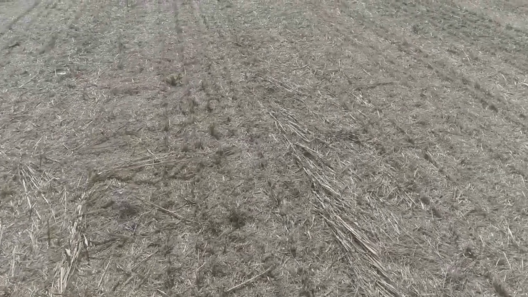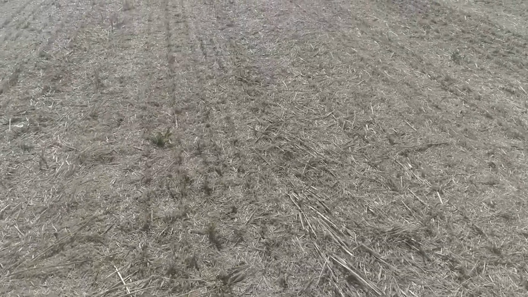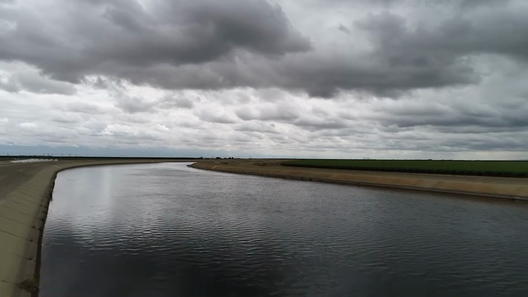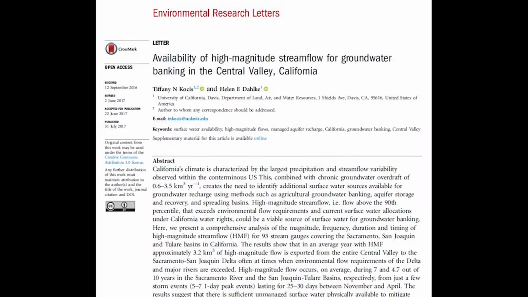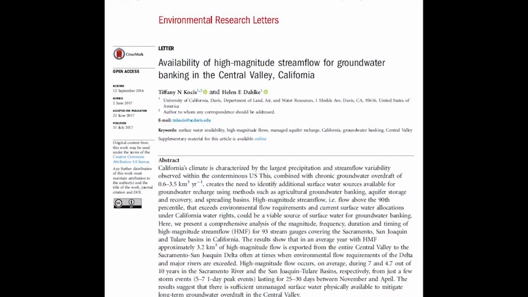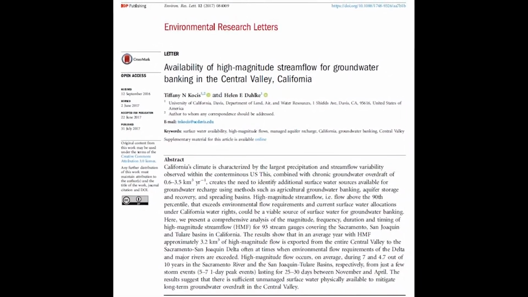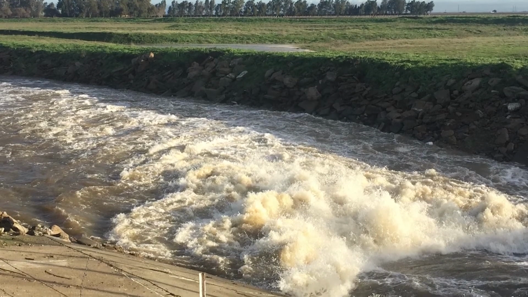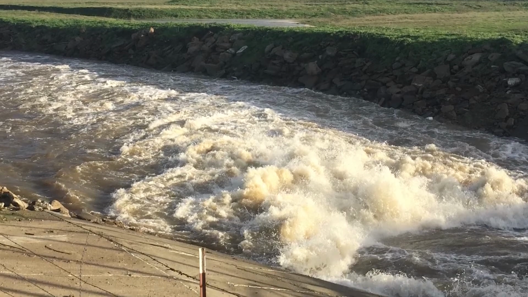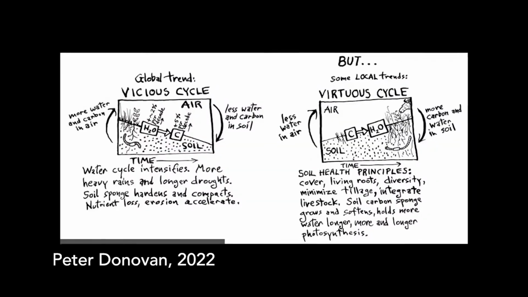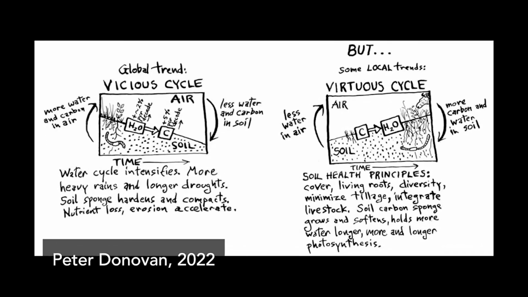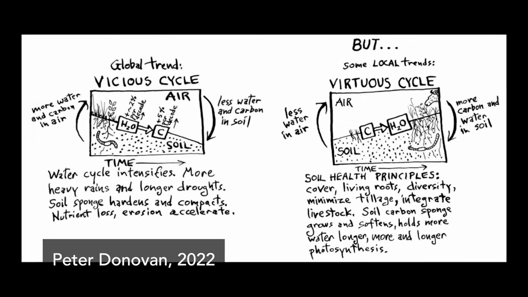In California's Central Valley, severe water shortages, large weather variability, and extreme weather events threaten agricultural production. Recent projections of UC Davis researchers, however, show potential to reduce groundwater overdraft by capturing water from what are called high-magnitude stream flows or flood flows. Increasing soil aggregate stability and rates of water infiltration may also help immensely in achieving this goal.